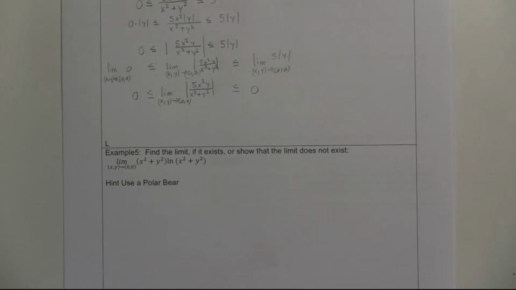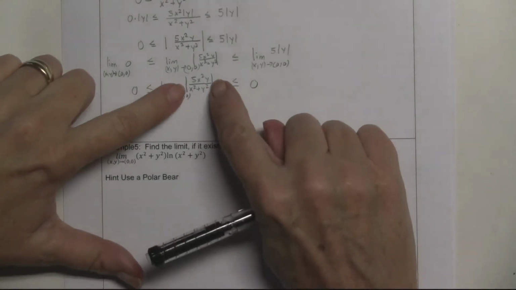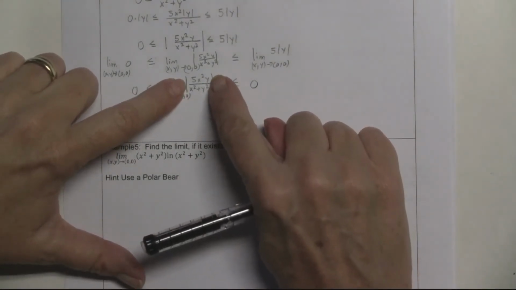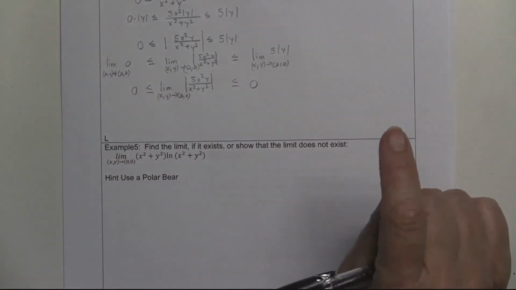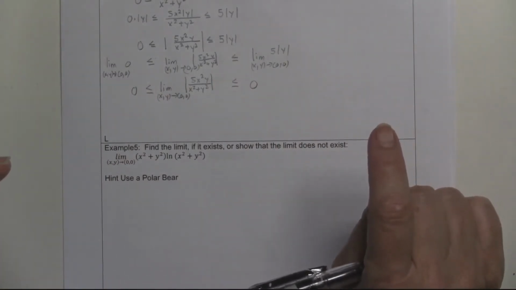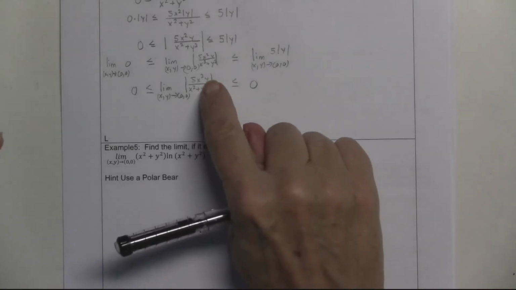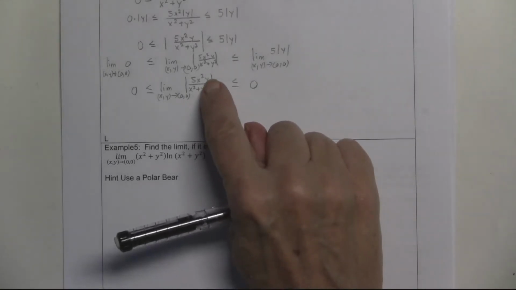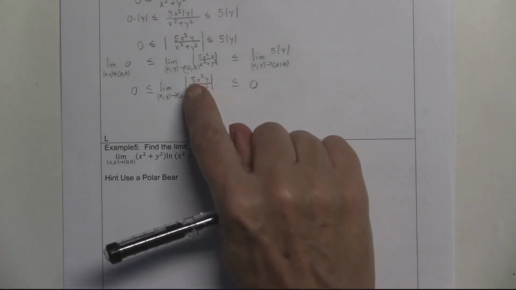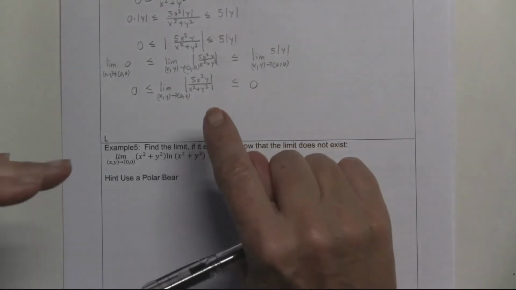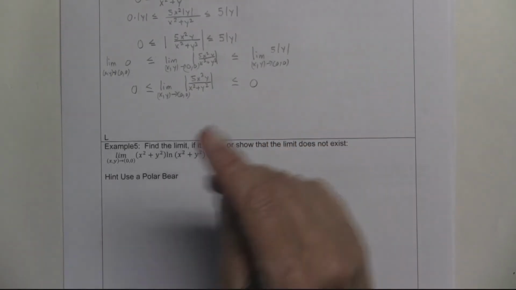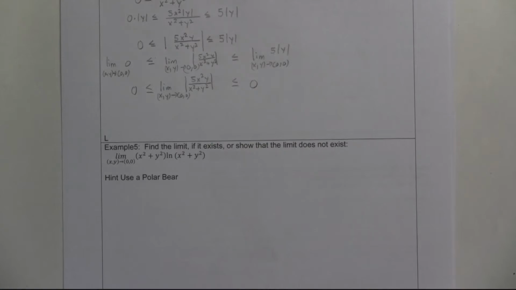The clever part of it is that absolute value around this, because we're getting closer and closer to zero, so it doesn't matter if y is positive or negative. Everything is then getting closer to zero. Had I been getting closer and closer to a number other than zero, I might not have been as lucky.